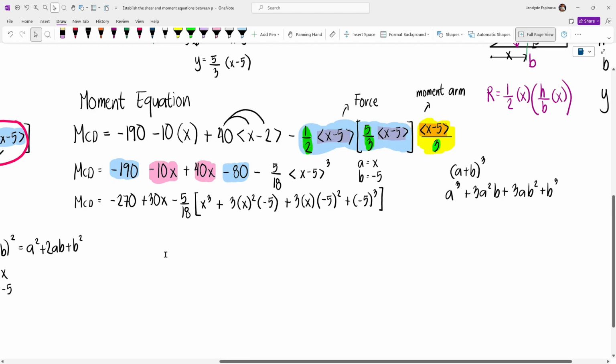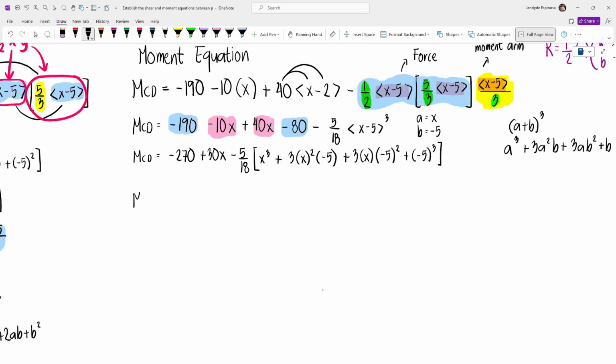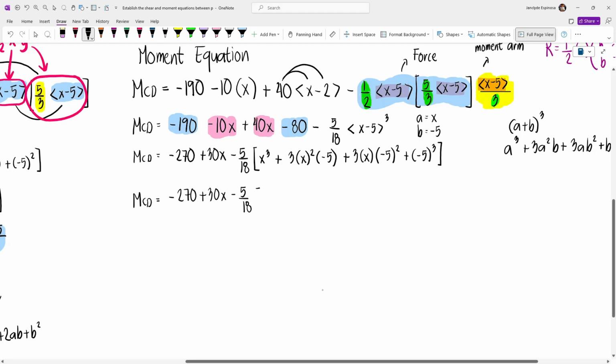So now we have, let's just move this, MCD equals minus 270 plus 30X minus 5 over 18, and then for this expression inside, that's going to be X cubed, and then minus 15X squared, 3 times negative 5, that's going to be minus 15 times X squared, and then plus negative 5 squared, that's going to be 25.